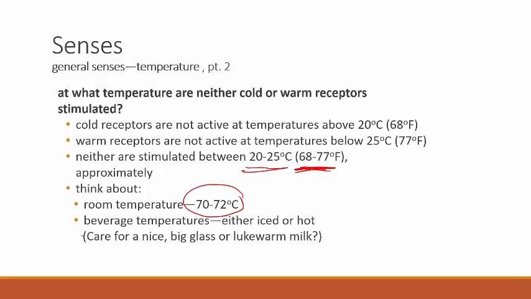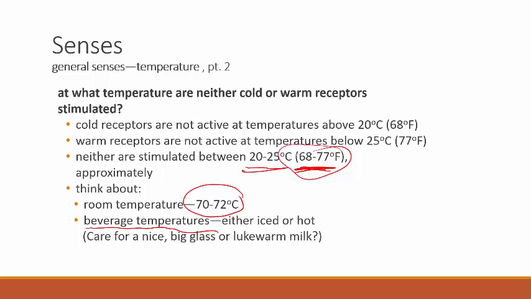Whereas with drinks, nobody wants to have a drink, or very few, in this range of 68 to 77 degrees Fahrenheit. Nice big glass of lukewarm milk? So we prefer to have beverages that are either iced or hot, so that we are getting information about the temperature of what we're drinking, because that's what stimulates us.